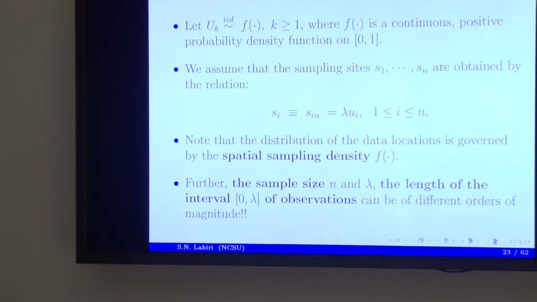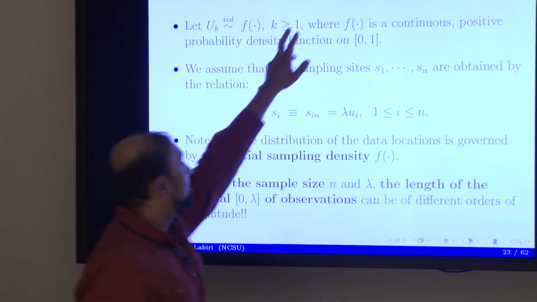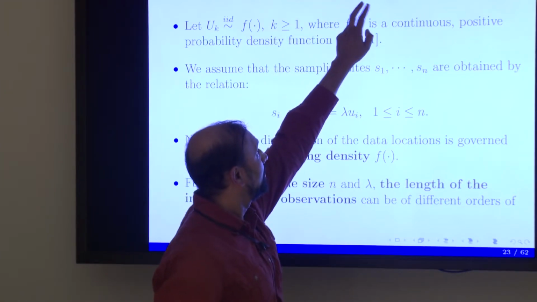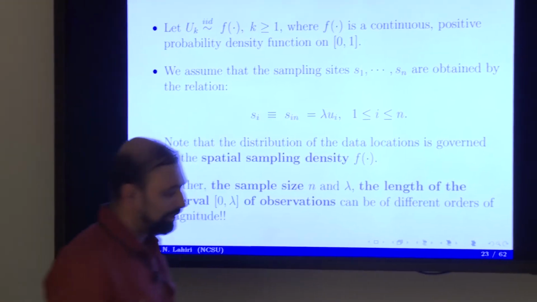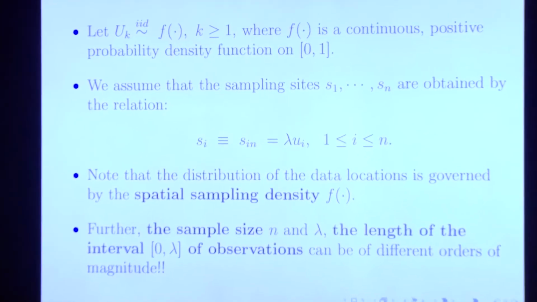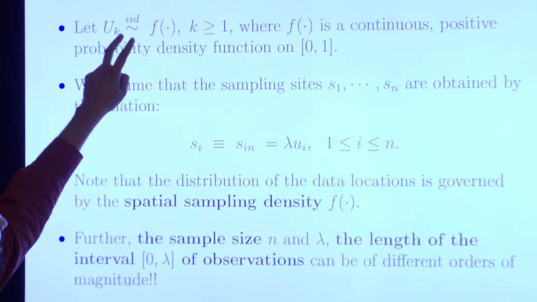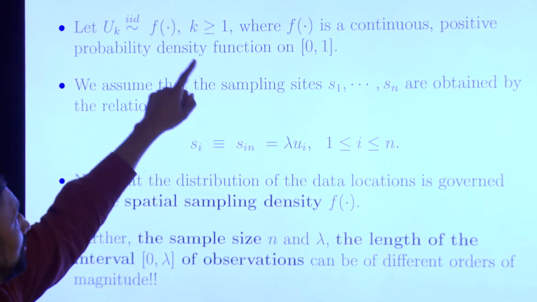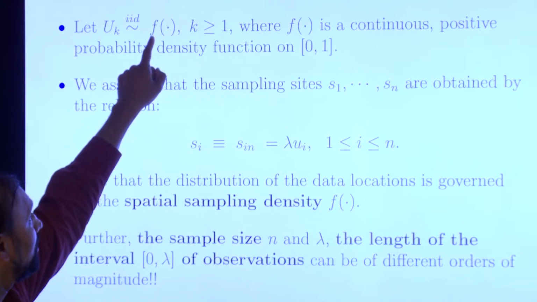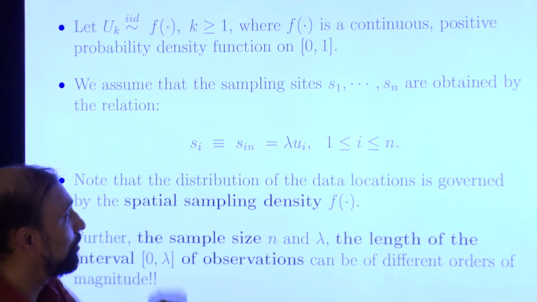That density is F. It is the density that determines the sampling design, or gives me the locations of those points or the concentrations. So the U's are IID with some distribution or PDF F over 0 to 1.